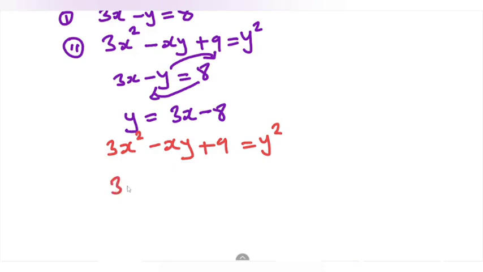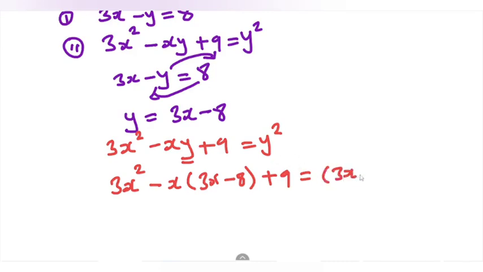So we write 3x squared minus x, where this x stays the way it is, and where there is this y, we substitute 3x minus 8. Then plus 9 is equal to, where there is y again, we put 3x minus 8, and we square it.